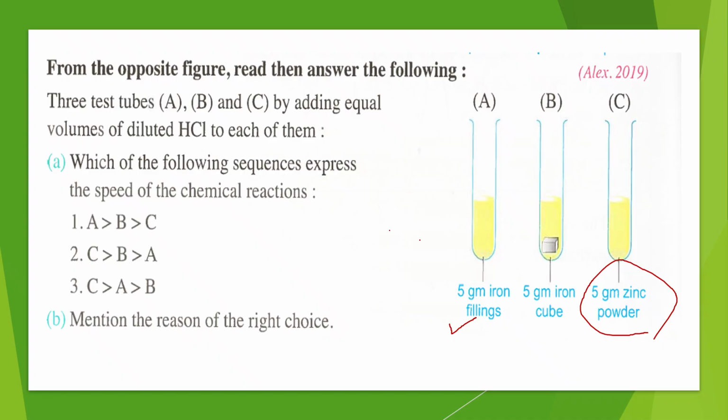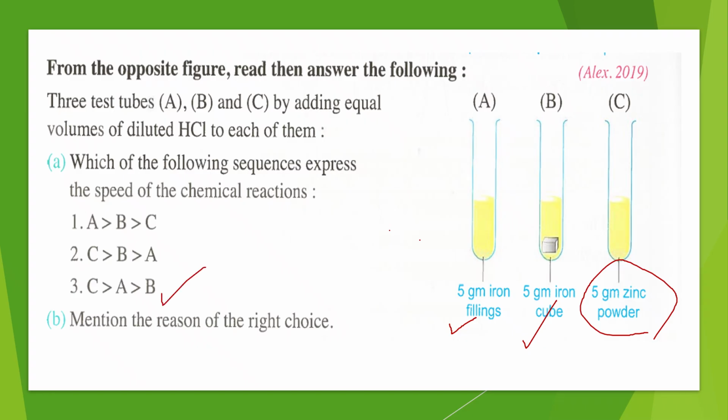So zinc is the most active one. Why? Because it precedes iron in the CAS. Iron fillings come after zinc because they have more surface area exposed to the reaction. And finally, the iron cube because it has less surface area. So the right arrangement for our answer will be C, A, and B.